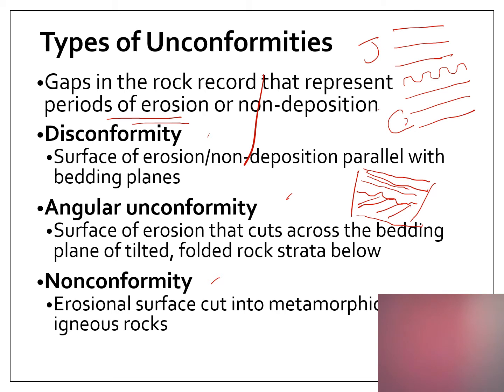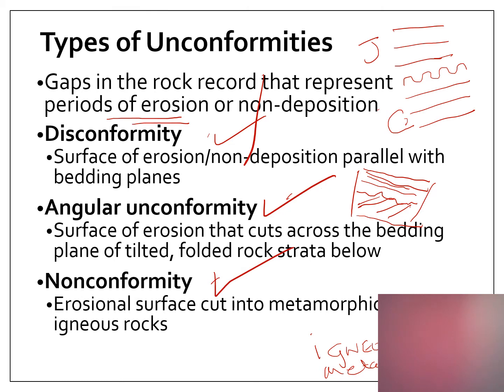It's usually going to be an igneous rock. That could be granite or granodiorite, an igneous rock, or a metamorphic rock. So it's igneous or metamorphic below the unconformity surface. That's a nonconformity. So a disconformity, an angular unconformity, and a nonconformity.